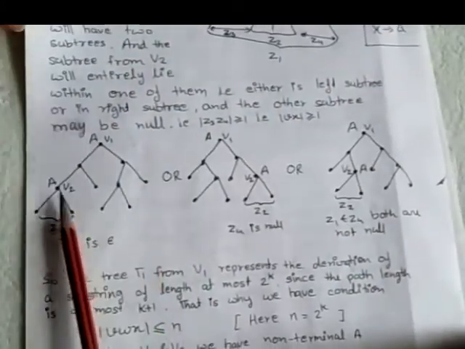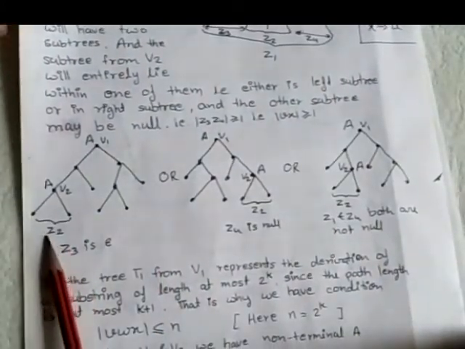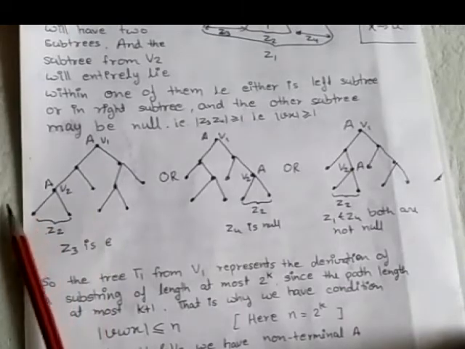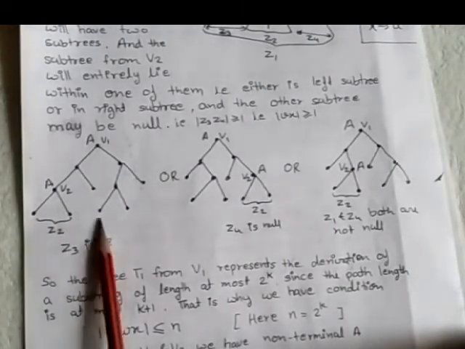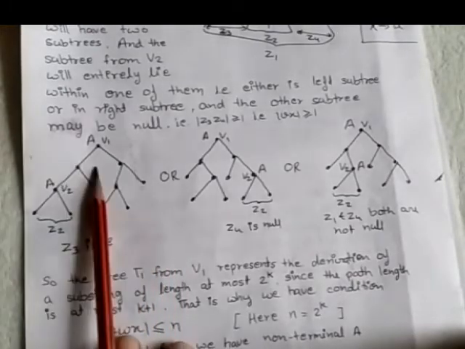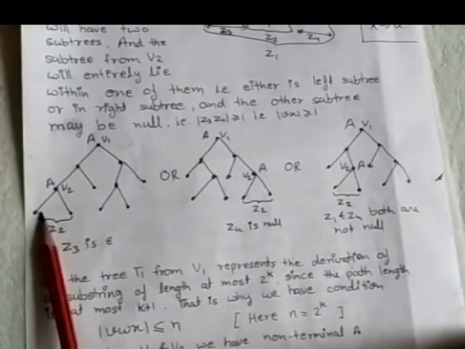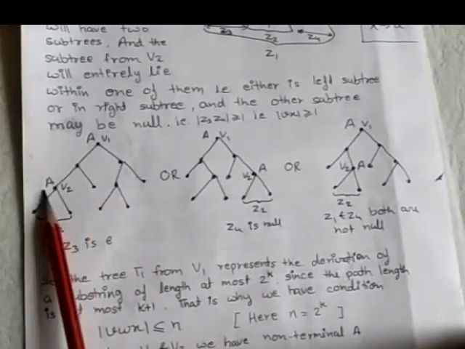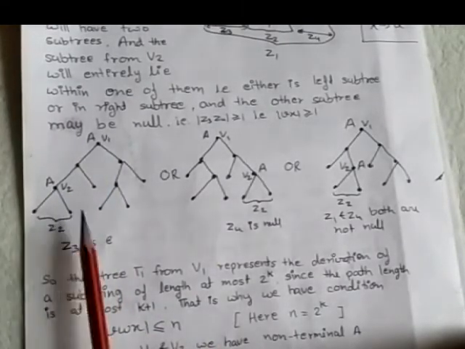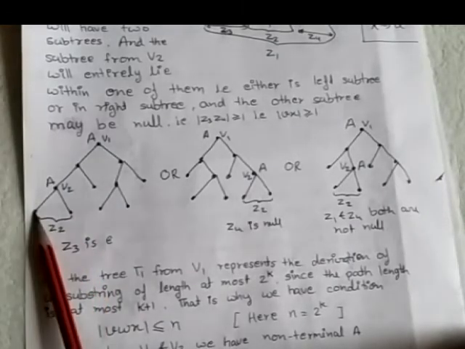From V2 we are able to derive Z2, but no Z3 is appearing here, only Z2 and Z4 are there. So in this case V2 is lying in the left subtree, so Z3 is empty here.